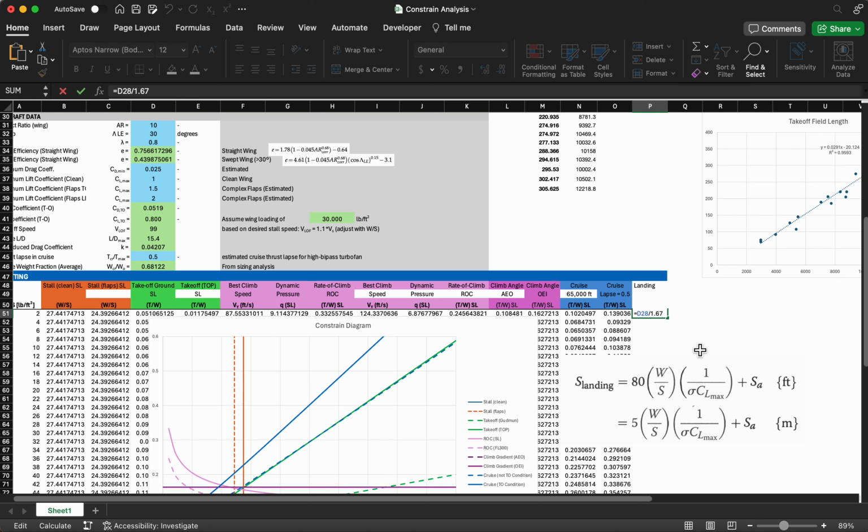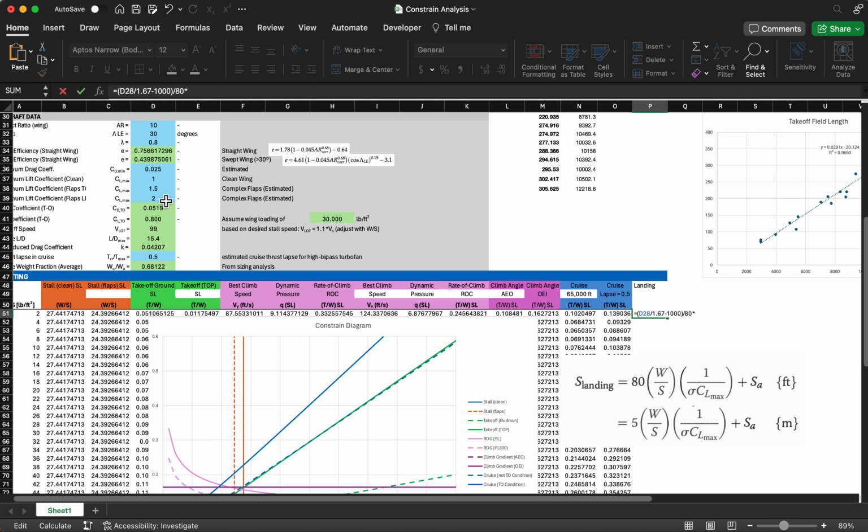So then we're going to subtract our approach distance, which is 1,000 feet for a commercial aircraft or Part 25 aircraft, to approximate. Now I'm going to put these terms in brackets, and I'm going to divide by 80, and I'm going to multiply by our density ratio. So if we're going to do this at sea level conditions, our density ratio is just going to be 1. So I'll just leave that out, and then multiply by our maximum lift coefficient, and I'm going to assume this is with full flaps deflected.